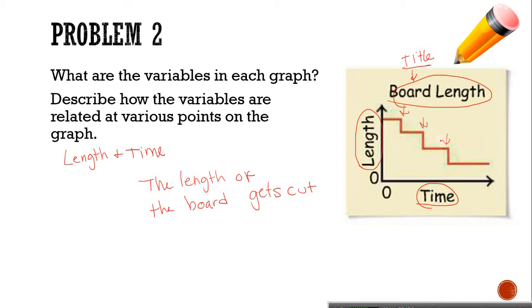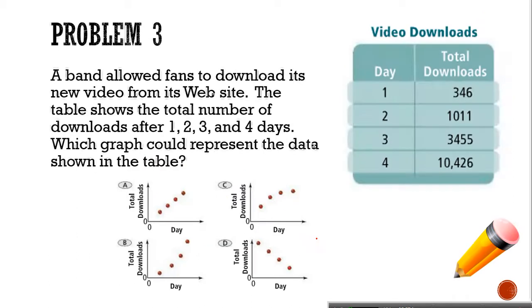It looks like it's 1, 2, 3 times, and it gets shorter each time. That just gives me basically a description of what's going on. That's what I'm trying to do. I'm trying to make sense of the graph and understand why the graph looks the way it does.